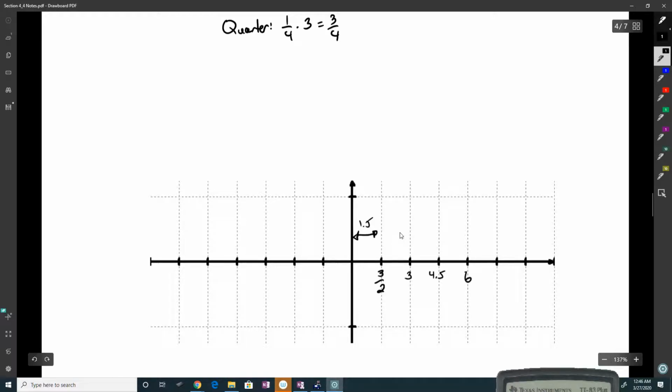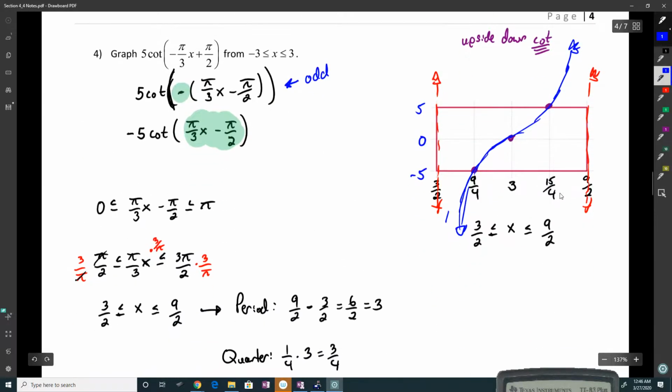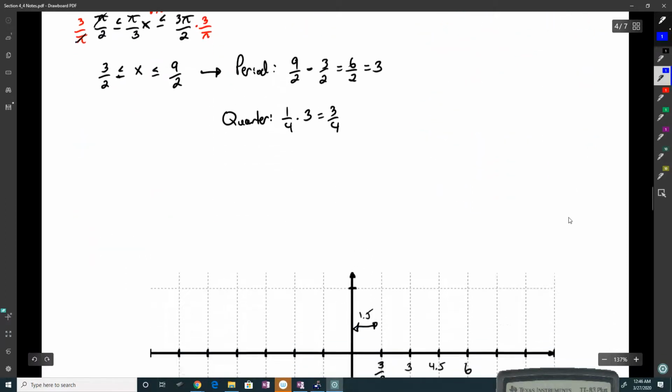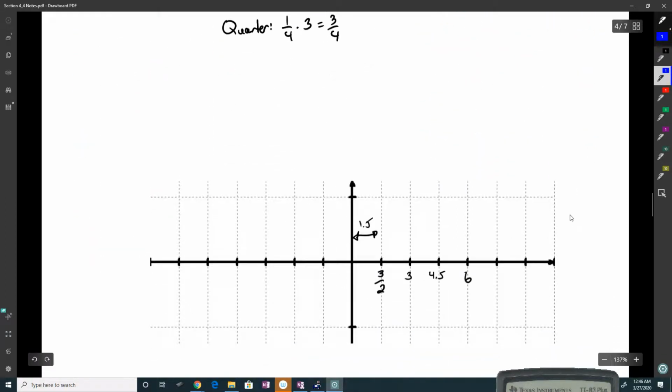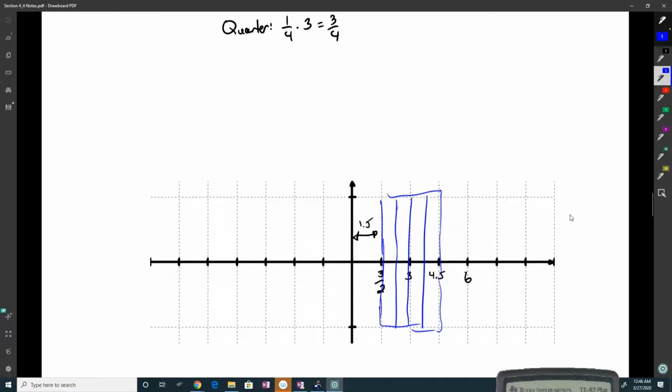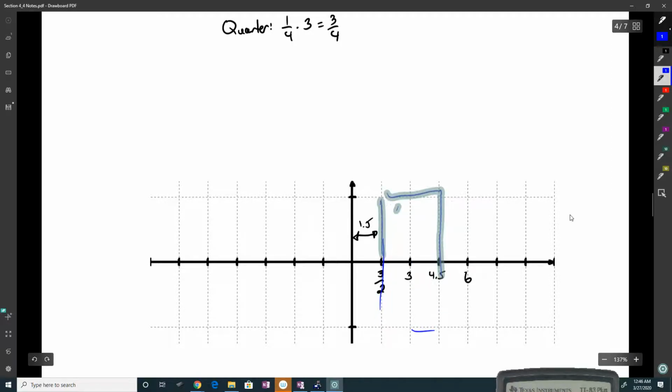But our box, if we're choosing to make each tick mark 3 halves, notice it goes from 3 halves to 9 halves, or 4.5. And so our box would look like this, where there would be, see how skinny it is? And it's up to you. If you want to keep it like that, that's fine. But I'd rather each tick mark be an actual thing.